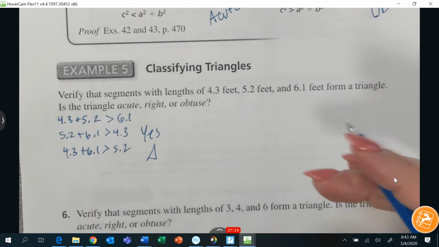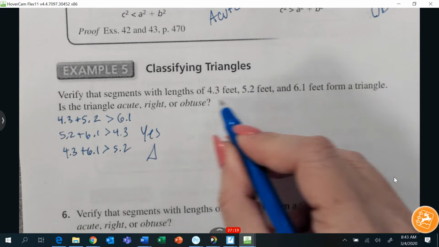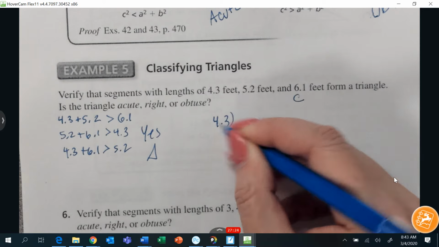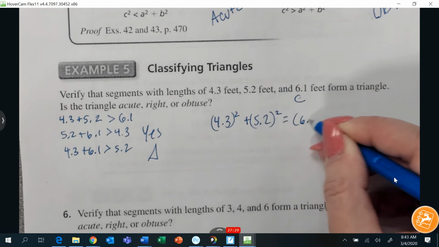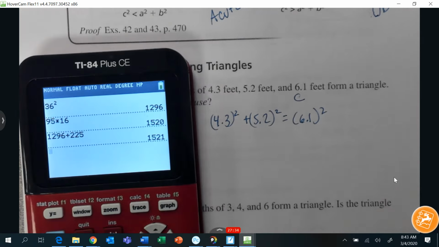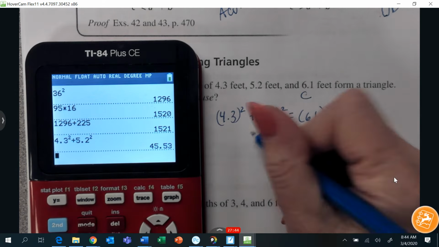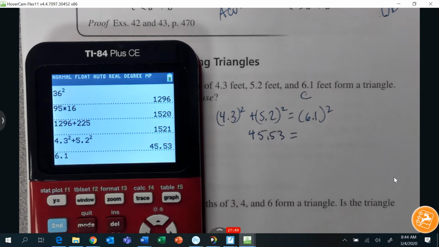Now, is it acute, right, or obtuse? So which of these would be the C? Okay, that's going to be my C. A and B don't really matter. 4.3 squared plus 5.2 squared equals 6.1 squared. Use your calculator. Might even take a shortcut on my calculator. Look at this. 4.3 squared plus 5.2 squared equals, and then 6.1 squared.